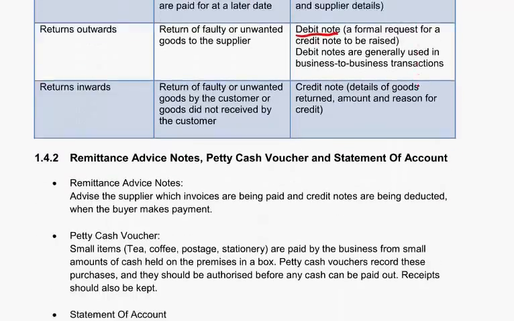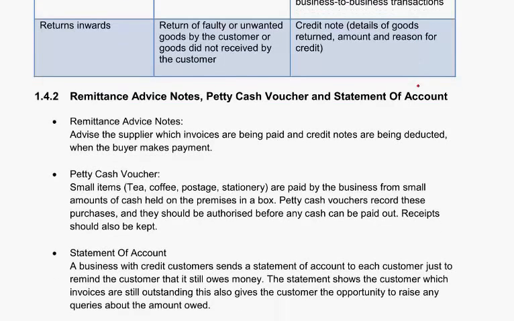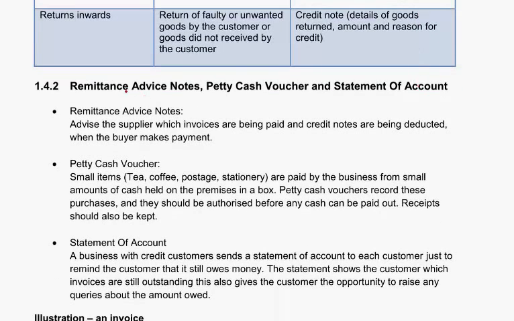Some other documents that you need to be aware of are remittance advice notes and petty cash vouchers and statements. And potentially you could get one of these in your exam to actually look at and make entries in or comment on what it's actually telling you. So remittance advice notes, these are when the payment is made by the customer and it says which invoices are being paid.